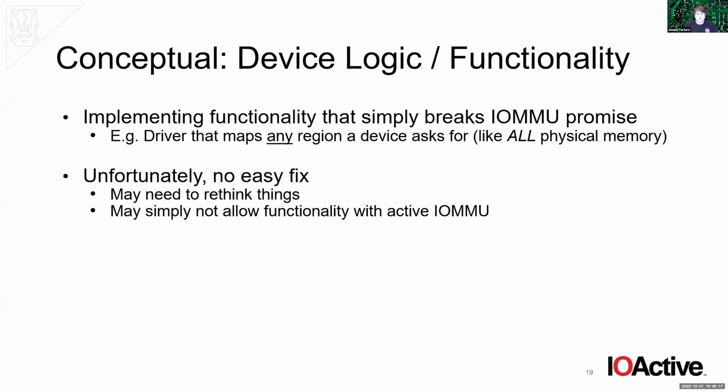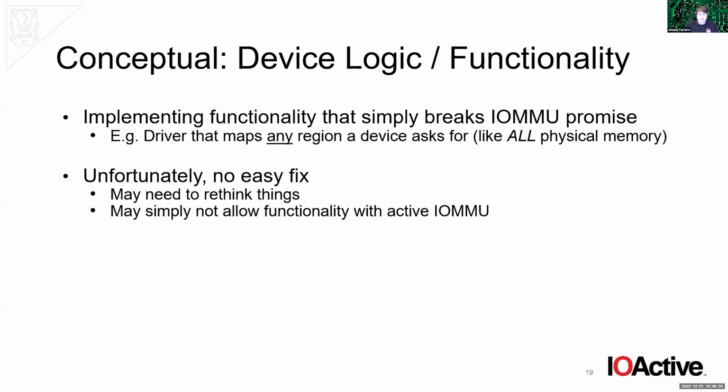And then you have device logic and functionality concerns. So just because you have an IOMMU does not mean that somebody can't create a malicious device and a driver and just tell it, hey, I want to map a bunch of physical memory to this device. There's nothing you can really do about that.